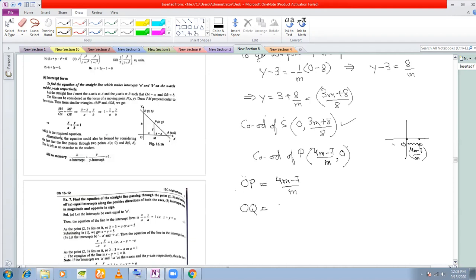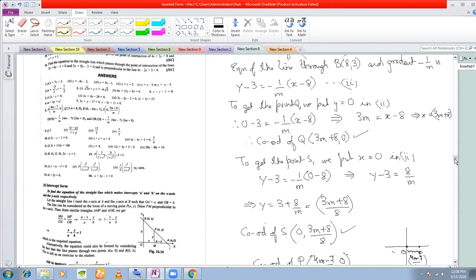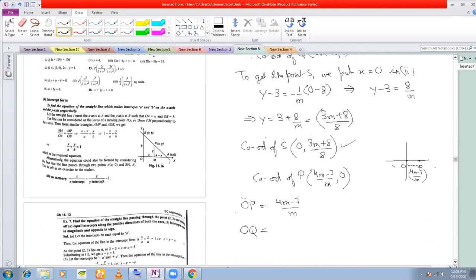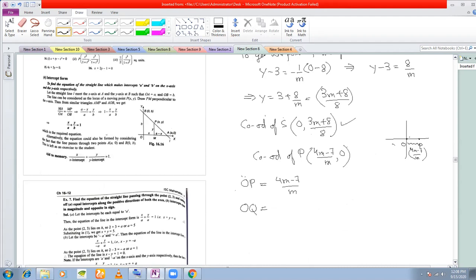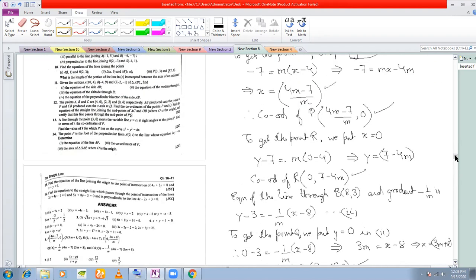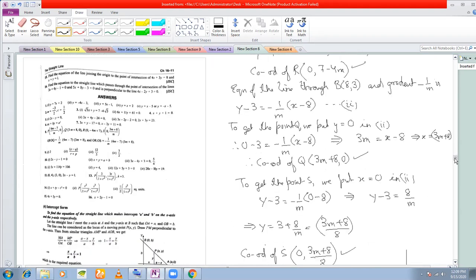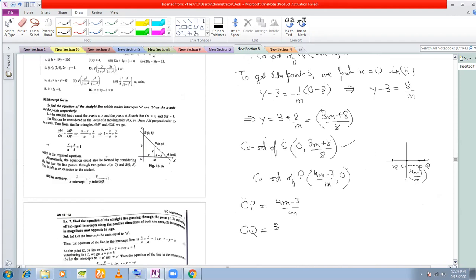What about OQ? What are the coordinates of Q? (3m plus 8, 0). So Q is also a point on the x-axis, somewhere over here or maybe here, I don't know. But in either case, wherever it is, the distance is the same. The coordinates of Q are (3m plus 8, 0). So OQ is 3m plus 8. Okay. What about OR?